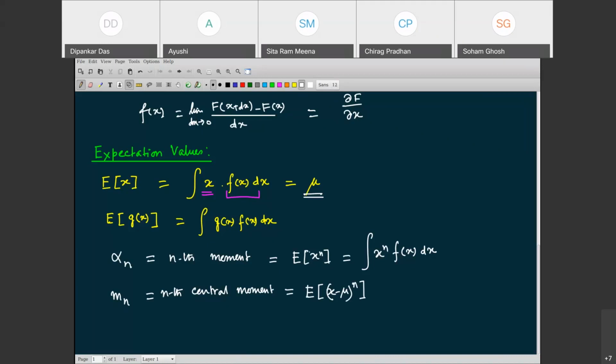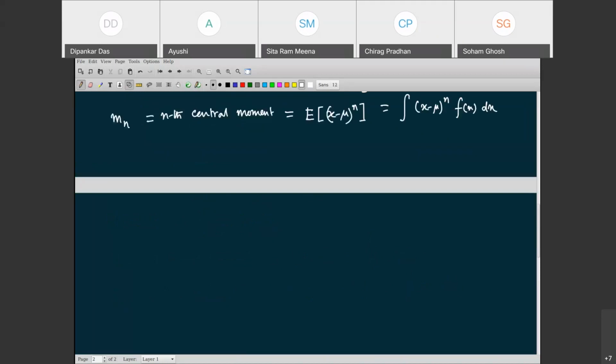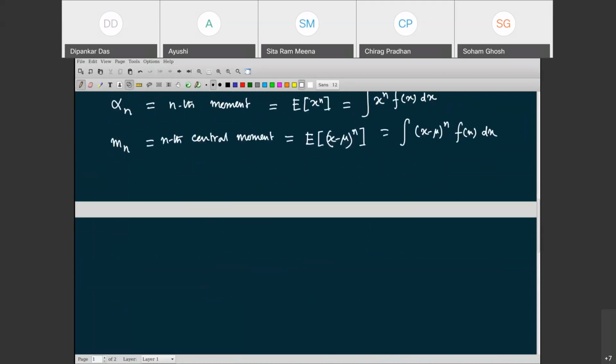And of course that is given by the integral of (x minus mu) to the power n f(x) dx. So by doing this, you are shifting the origin from x equals 0 to x equals mu, and you want to judge the feature of the distribution with respect to mu.